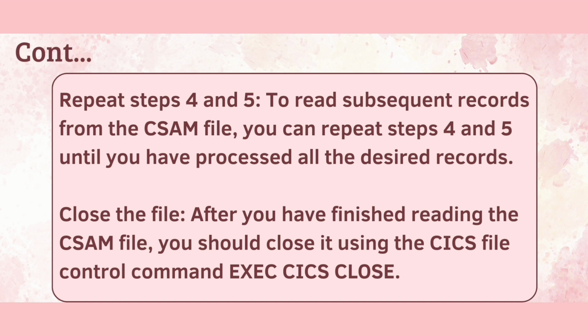Next is to close the file. After you have finished reading the CSAM file, you must close it using the CICS file control command EXEC CICS CLOSE. Here I am furnishing an example to open, read and close a file. Look at this carefully.